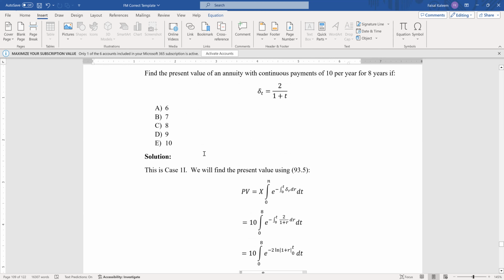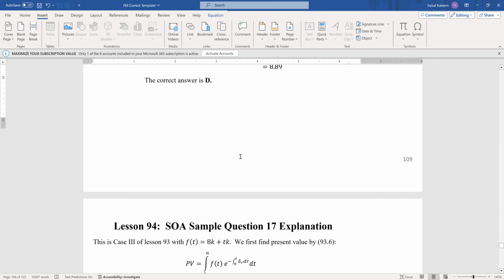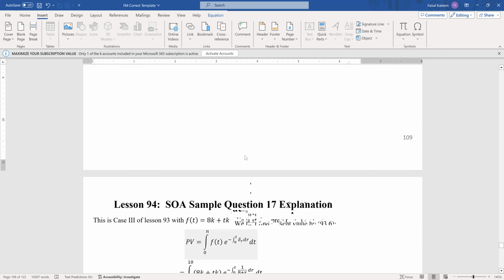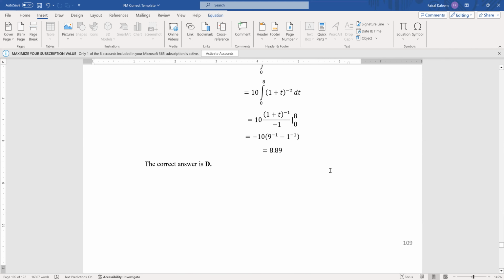That will be rounded to choice D, because all of the choices are rounded to integers. So 8.89 rounds to 9. The next few lessons will be about the SOA problems on continuous annuities. So stay tuned.